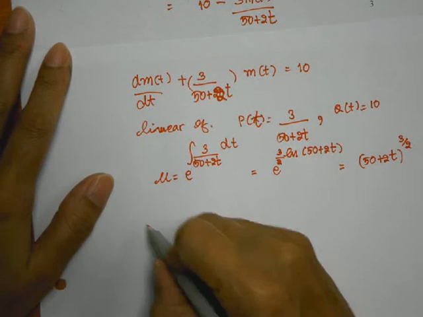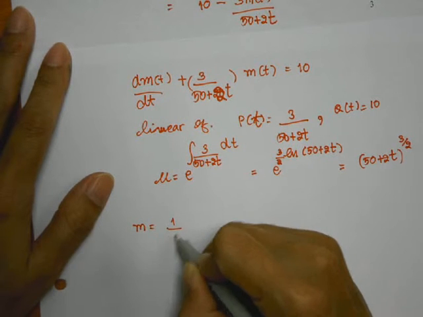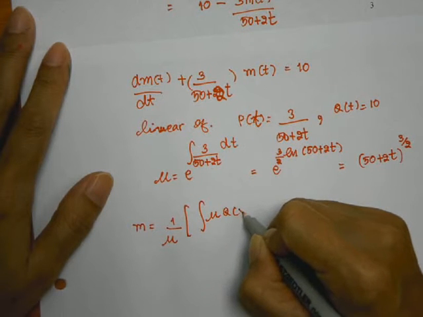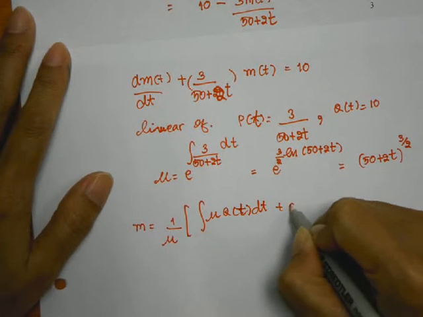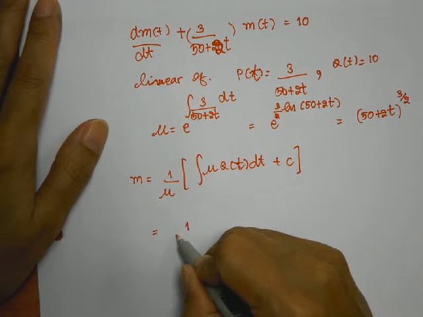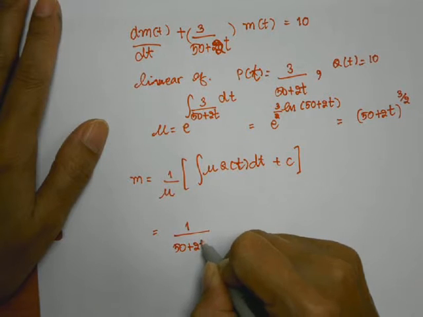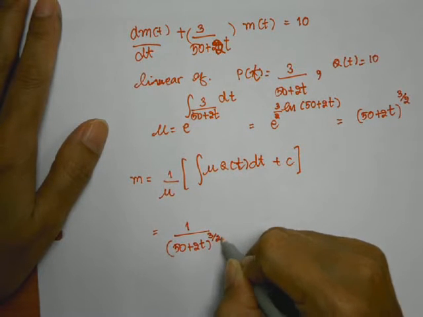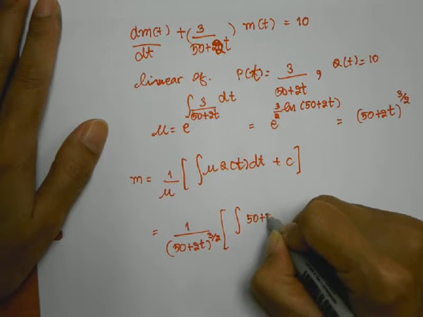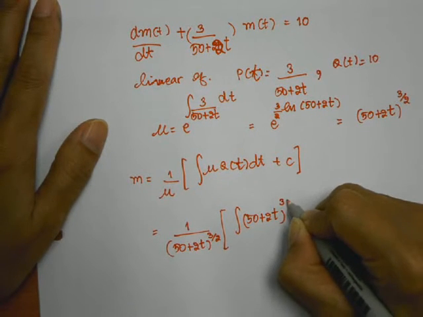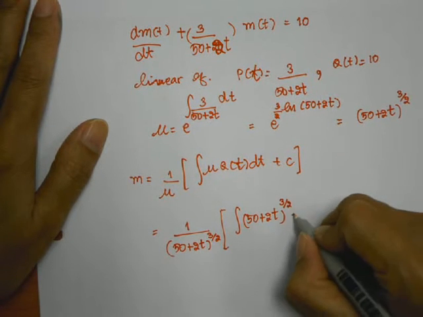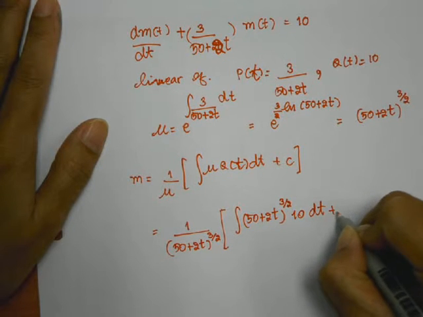Now we can find M. M is equal to 1 over the integrating factor times the integral of the integrating factor times Q(t) dt plus C, which is equal to 1 over (50 plus 2t) to the power of 3 over 2 times the integral of (50 plus 2t) to the power of 3 over 2, and Q(t) is equal to 10, times 10 dt plus C.